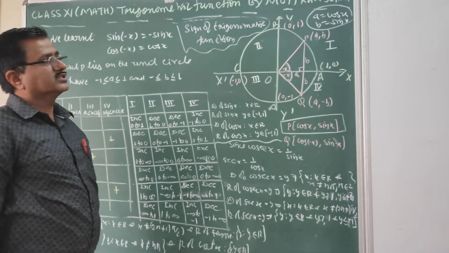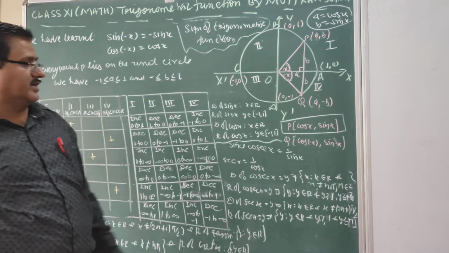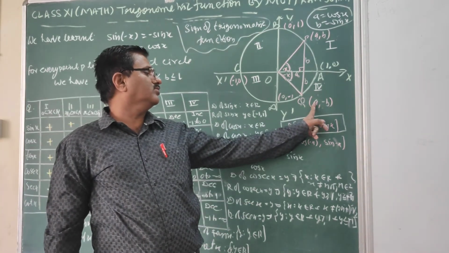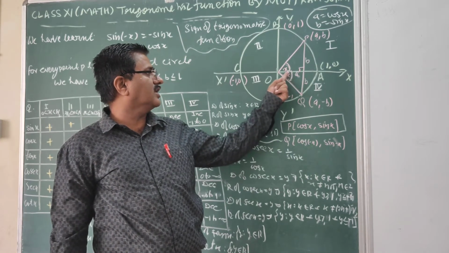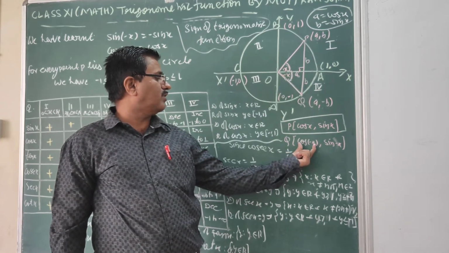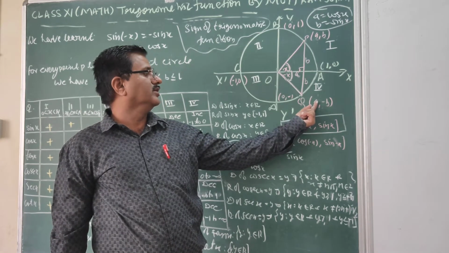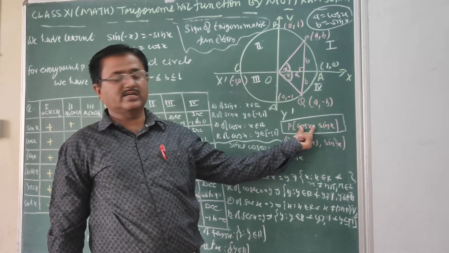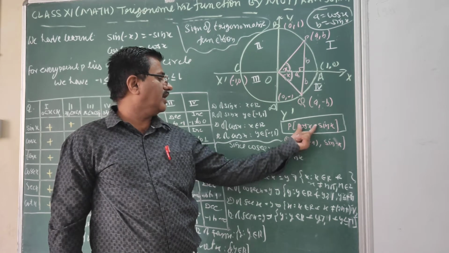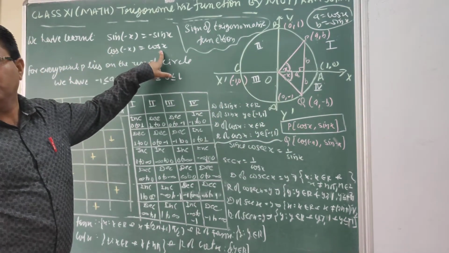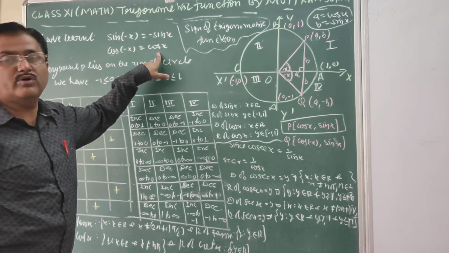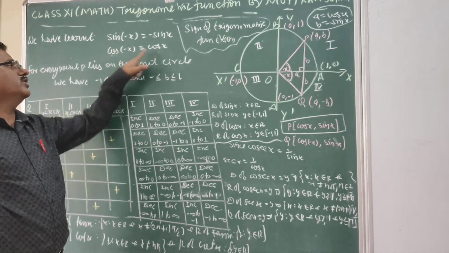So here we put a equal to cos of minus x. Why do we take minus x? Because this angle is negative. So cos of minus x equal to a, but a equal to cos x. So from this you get that cos of minus x equals cos x, which means cos of a negative angle is always the same as cos x.